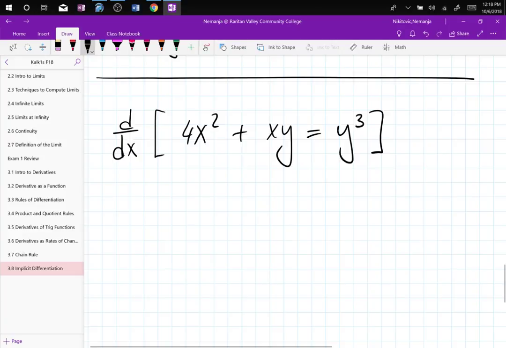So how do we deal with that? I guess you would put dx, and then dy dx next to the product. Yes! Product rule. There we go.